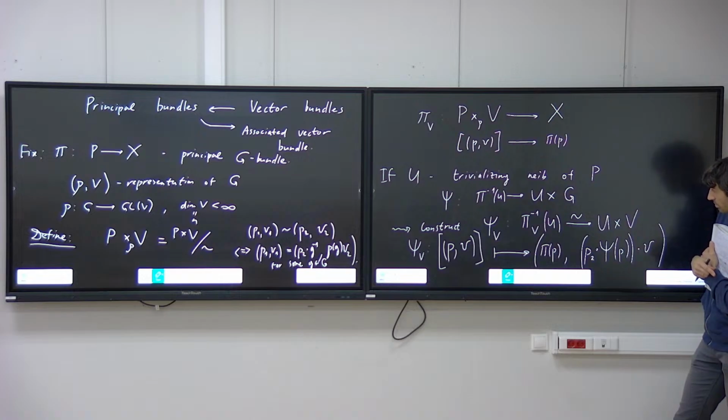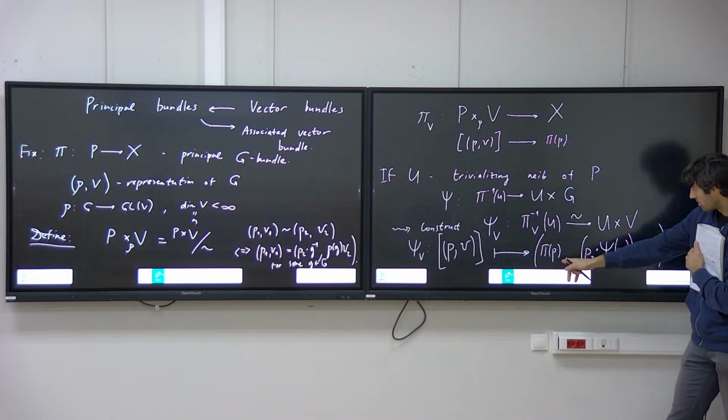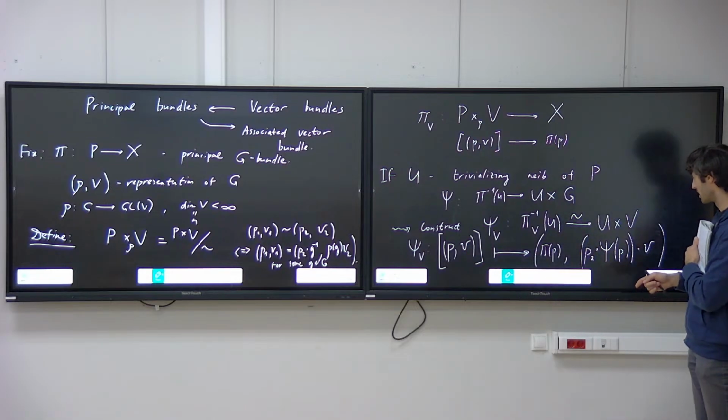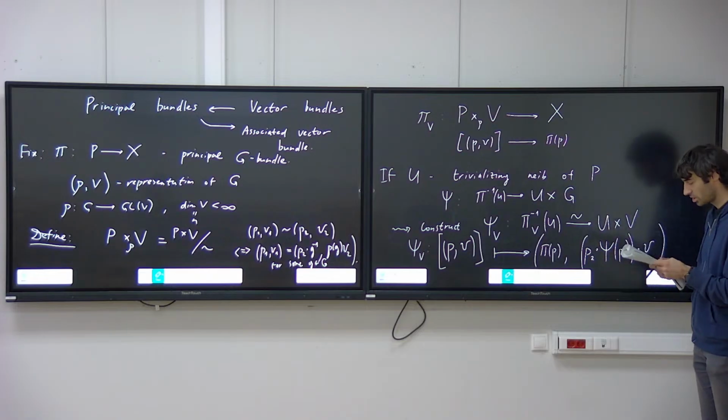So I'm going back by g, but this is the same as moving this point v by g. Anyways, so this is the construction.